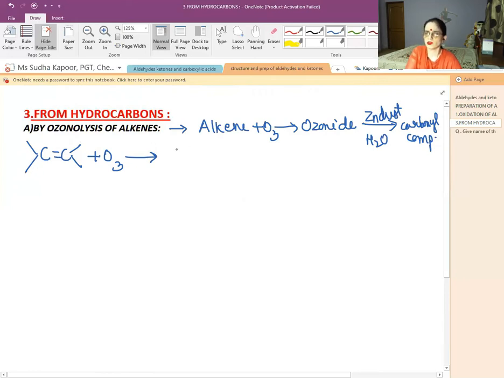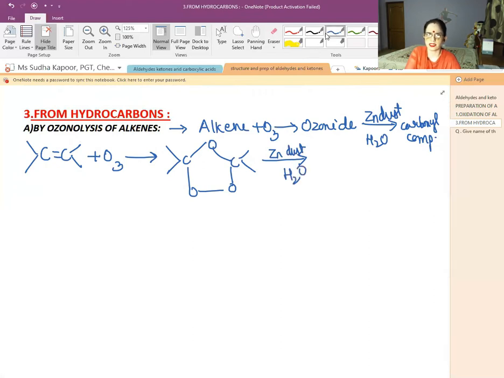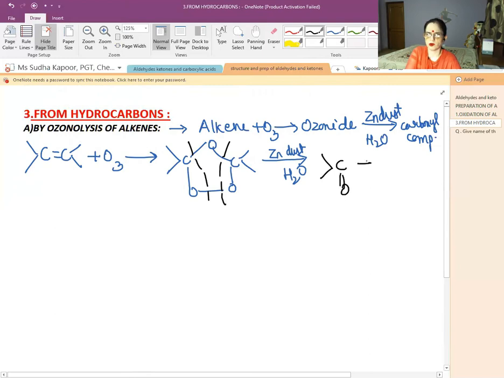As soon as O3 is added, the double bond is replaced by the ozonide structure, and then it is followed by lysis. Lysis is breaking down. So in the presence of zinc dust and water, it undergoes lysis, which is the breaking of the bond, and it forms the product C double bond O followed by C double bond O.